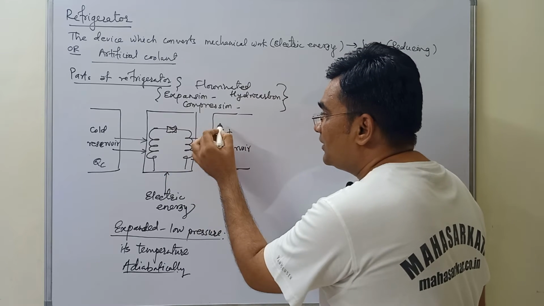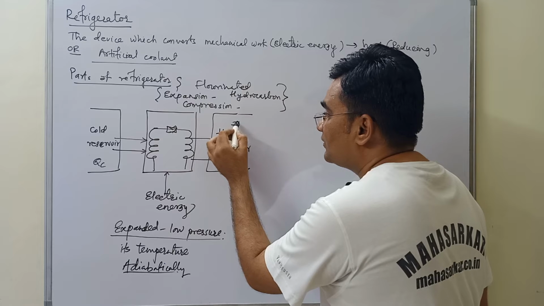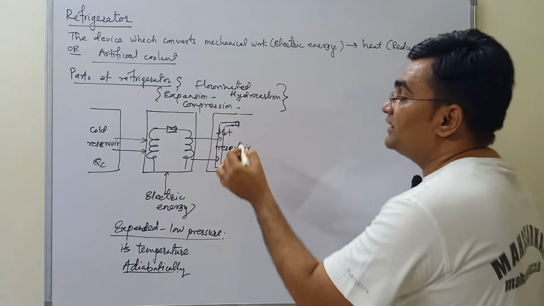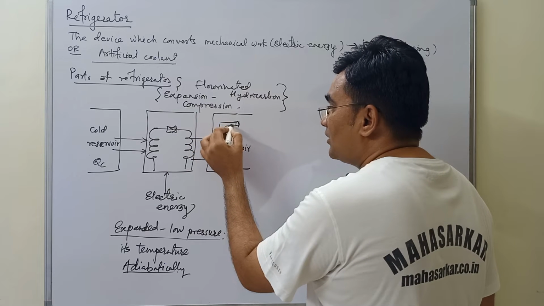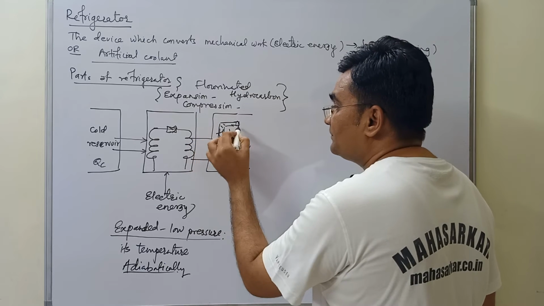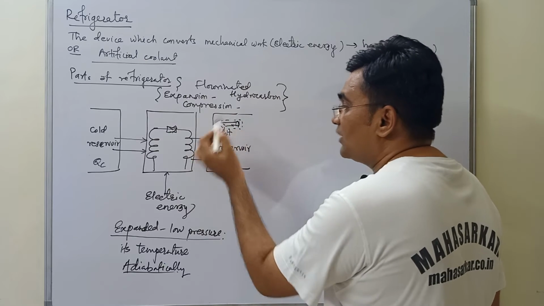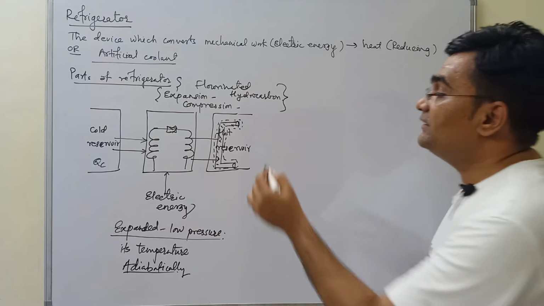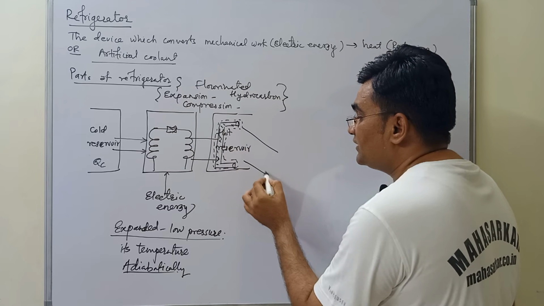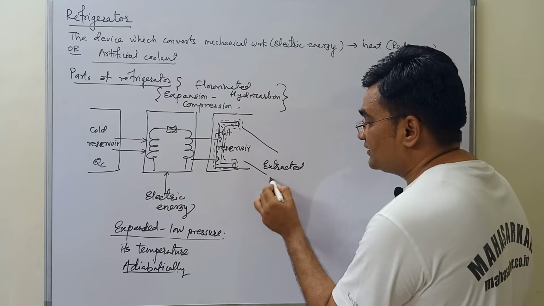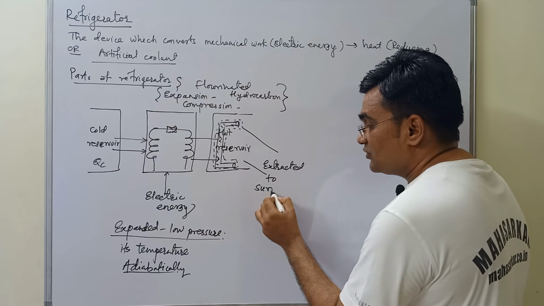Suppose this is the pipe connected to the hot reservoir, then that pipe contains the hot air. In this, it liquefies around that pipe, and then that heat is extracted to the surrounding.